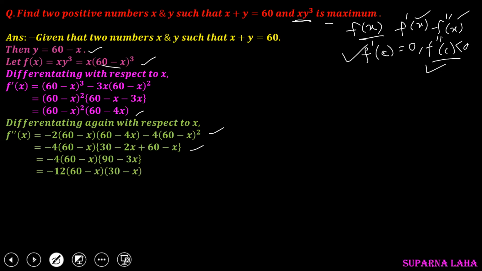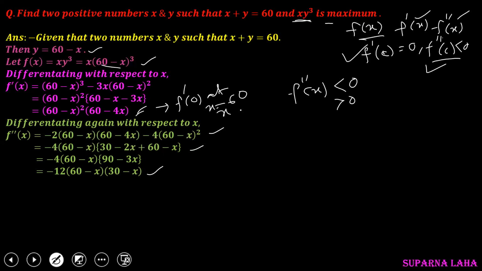So if we simplify it, you will find this function is given by minus 12 into 60 minus x into 30 minus x. So f double dash x, we need to check now it is less than 0 or greater than 0. So from this function, you can easily say this f dash x is 0 at which point, x is equal to 60 and x is equal to 15.